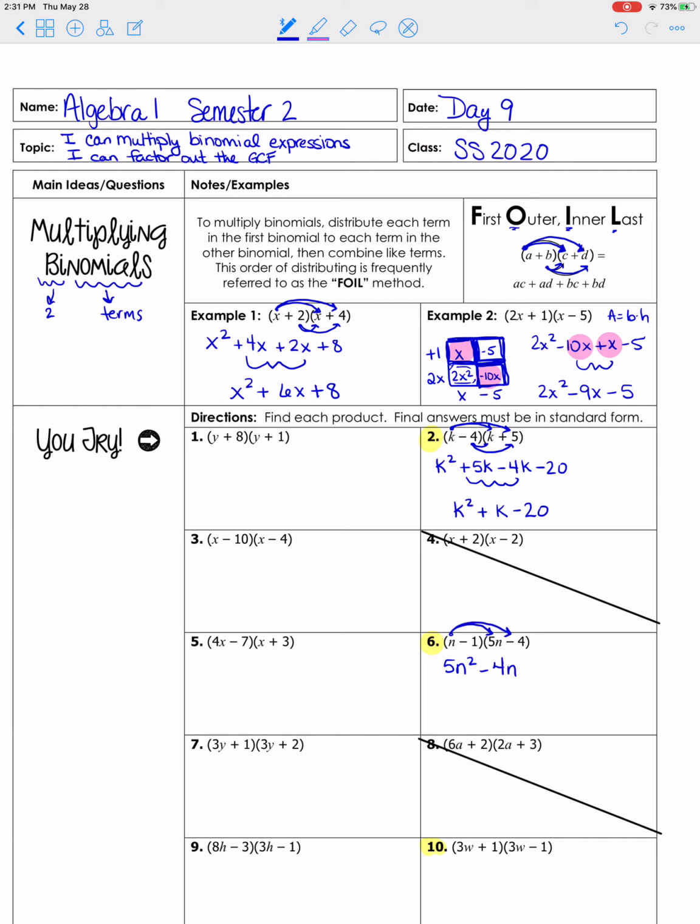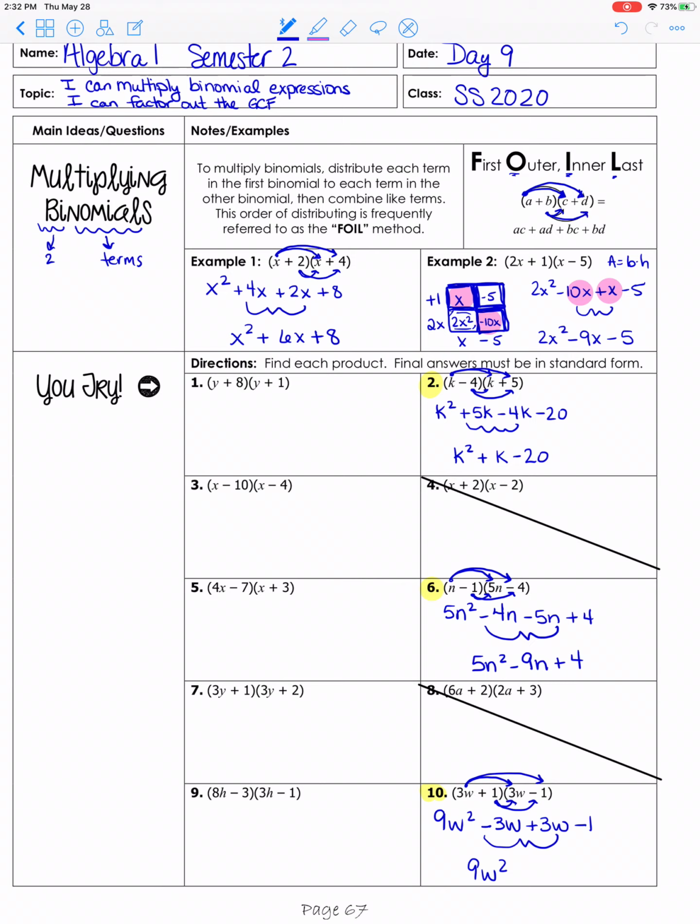The insides, 1 times 3w is plus 3w. And 1 times negative 1 is minus 1. We can combine like terms, and something very interesting happens. Notice that we have a negative 3w and a positive 3w. That adds to 0. So those w terms kind of drop out, and we're left with just 9w squared minus 1.